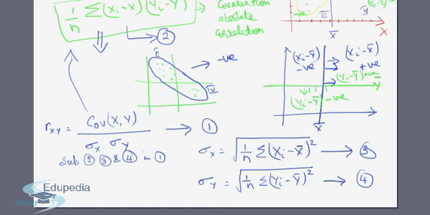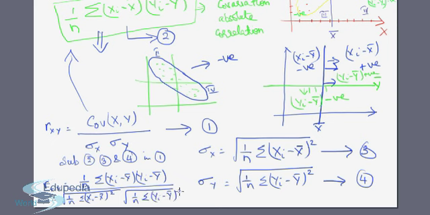in 1. You get the first basic formula of the coefficient of correlation, that's given by 1 over n summation xi minus x bar multiplied by yi minus y bar, divided by root of 1 by n summation xi minus x bar square times 1 by n summation yi minus y bar square. Now let me cancel out the n's from here.